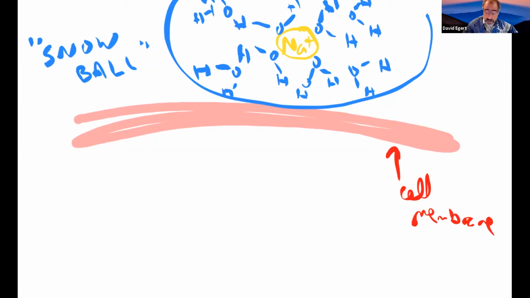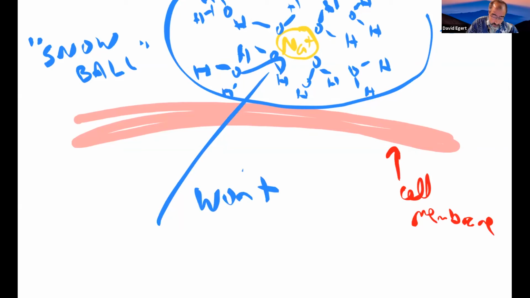So when you have an ion, it isn't just on its own. It's got its kind of ice ball pulled in around it. So effectively, it's actually big, and this thing will not cross without help.